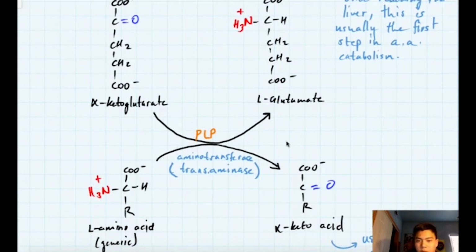So we went this way, forward from left to right. Actually, this is a reversible process, right? So let's draw arrows like this. And so it can either go this way or this way. And in the alanine-pyruvate cycle, it's actually going in the reverse direction. And this is possible because this is a reversible reaction, right?